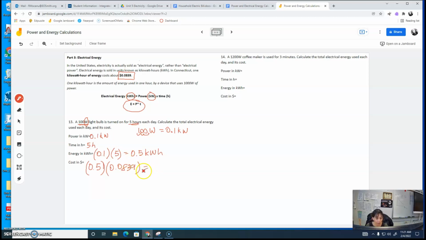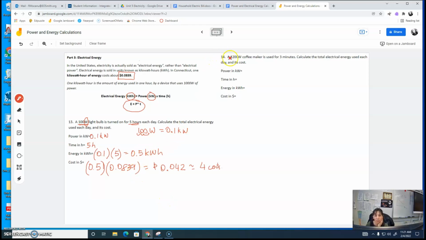And if you do that multiplication, your final cost will be approximately $0.042, which is approximately 4 cents. So that's how much money you are paying when you have a light bulb that's 100 watts, that's on for 5 hours, and that the electrical company is charging you this much for it. That's your total cost for that 5 hours.